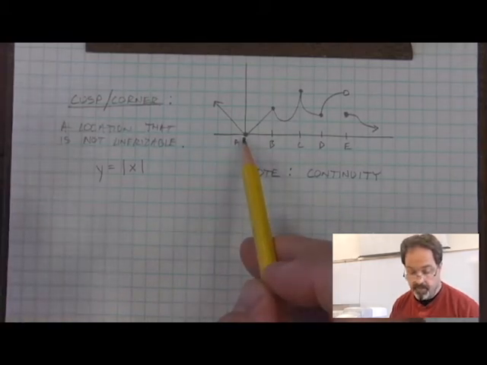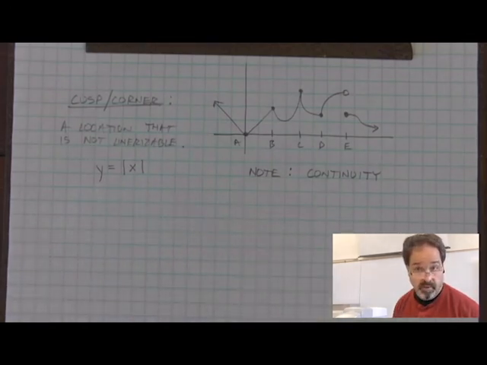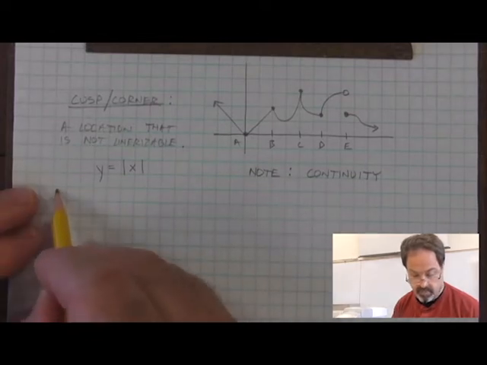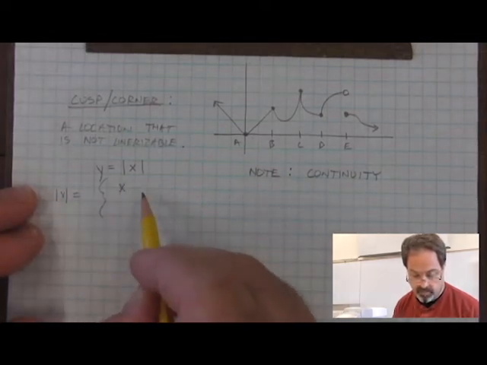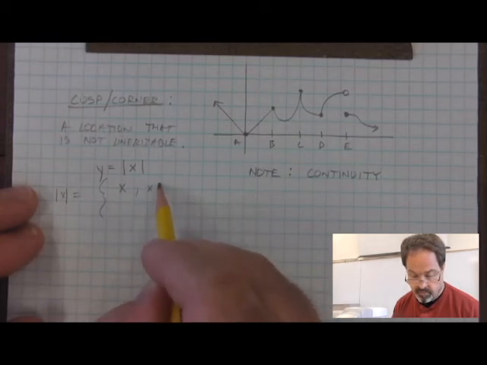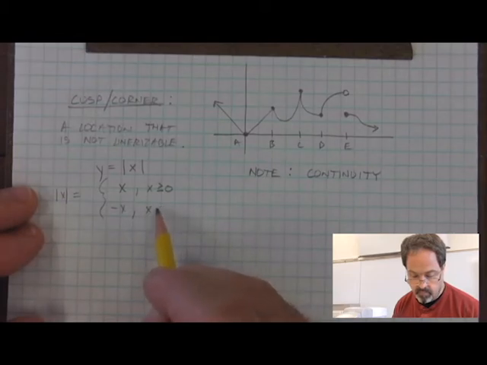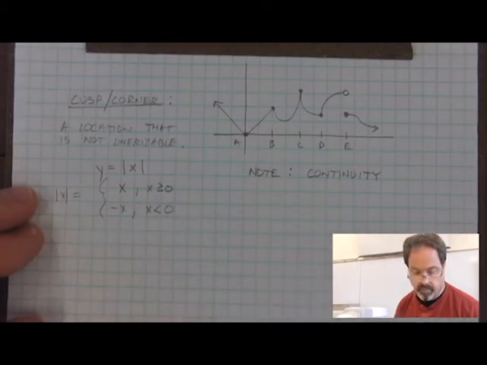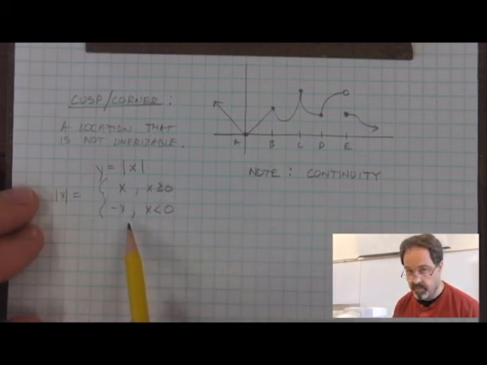Many people in mathematics believe that the magnitude function ought not to be included in the family of parent functions because the magnitude function can be expressed as the piecewise function x for x greater than or equal to 0 and negative x for all x less than 0. So the magnitude function can be expressed as a piecewise.